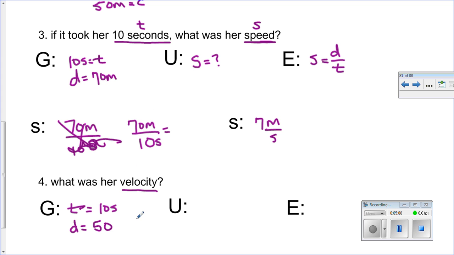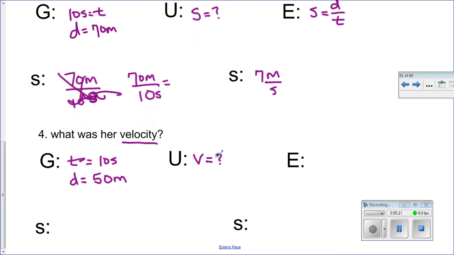Remember, displacement is a vector quantity, distance is a scalar. My unknown this time is kind of like the speed with direction, right? Velocity. Cool. Or if you weren't able to get up to here, see if you can make the equation. See if you can do the substitution. Pause it and try it out. Okay. So now we have velocity is equal to displacement over time.